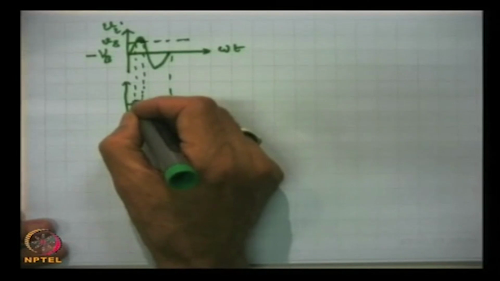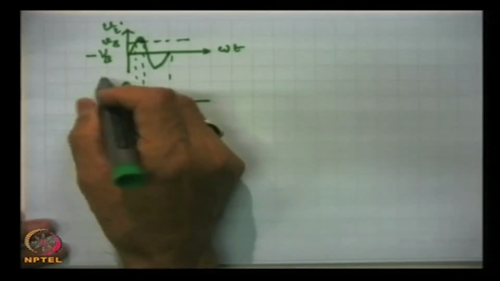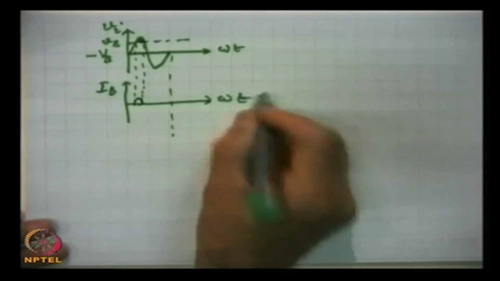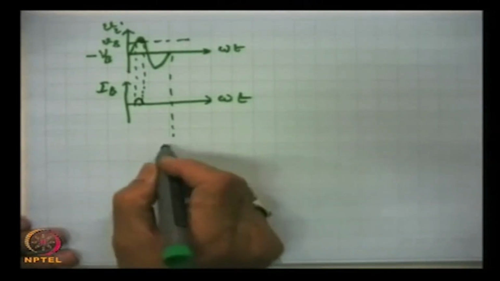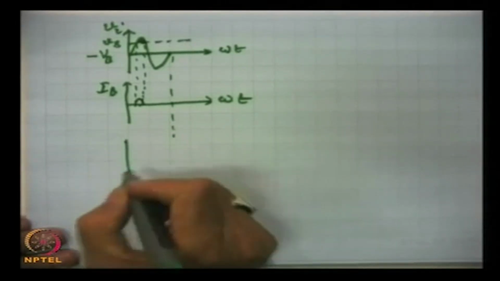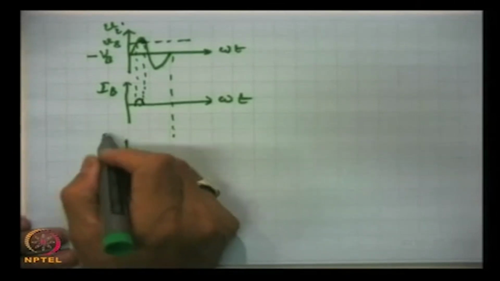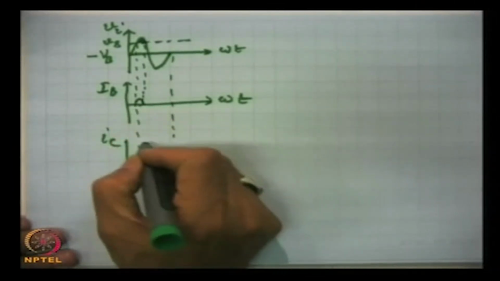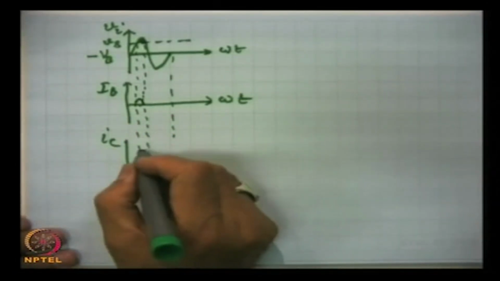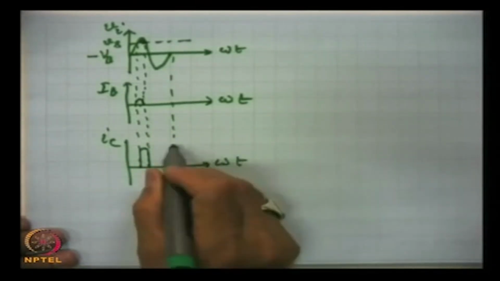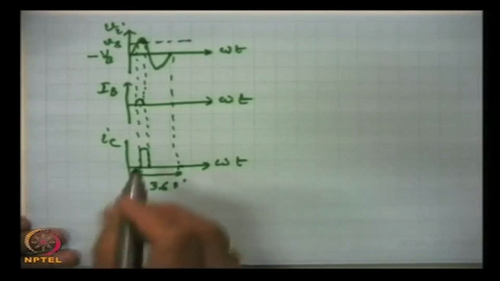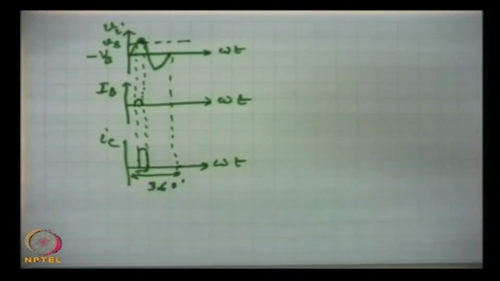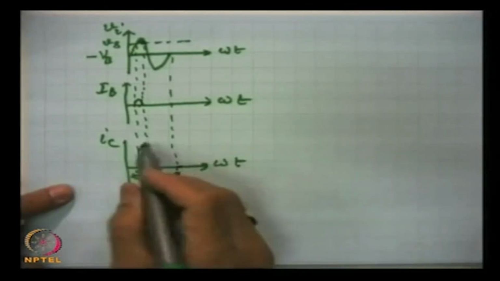So, only here the base current, this is I B, will flow, and this will give rise to this I C. This is the total period or 360 degrees, and this is the very small fraction, few tenths of degrees, for which the collector current is amplified.